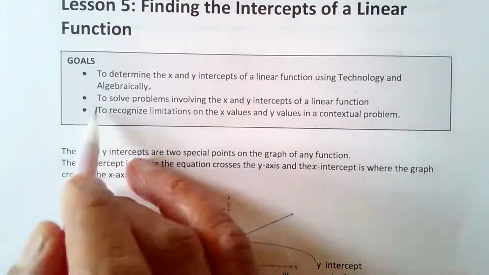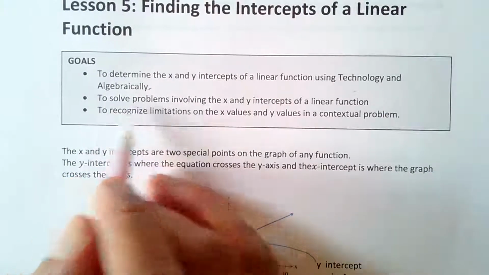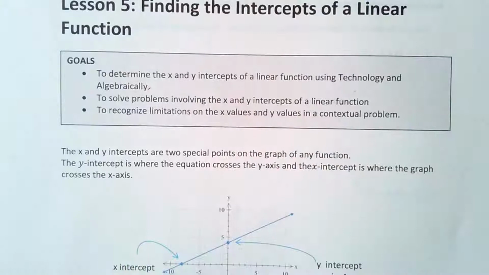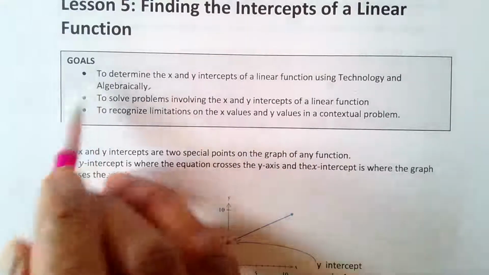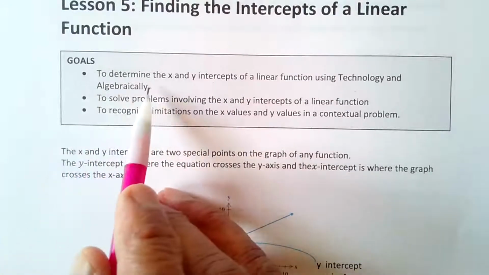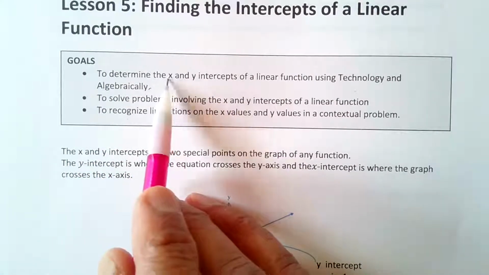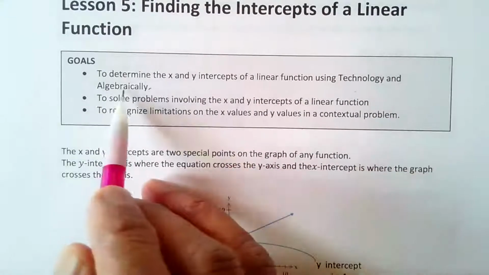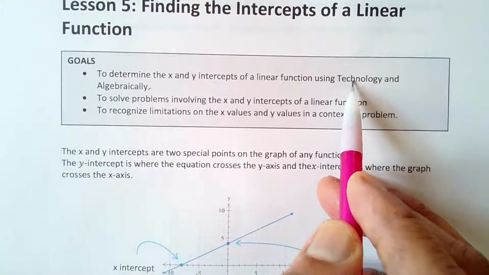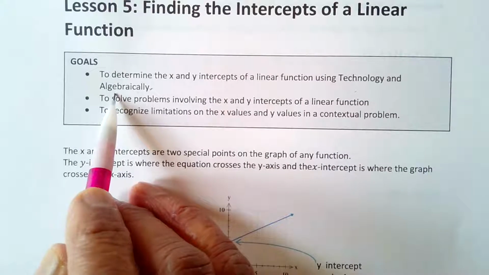The next lesson, we'll be looking at how to solve problems involving x and y intercepts of a linear function and to recognize limitations. So today we are resuming from the previous lesson, finding the x and y intercept of a linear function, but we are going to not only use technology, but solve it algebraically.